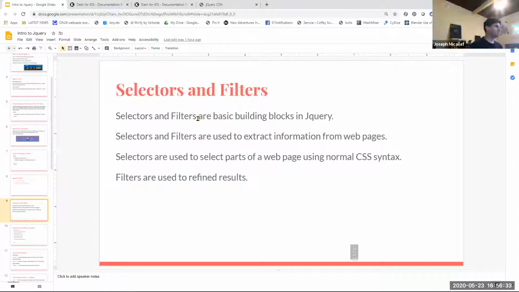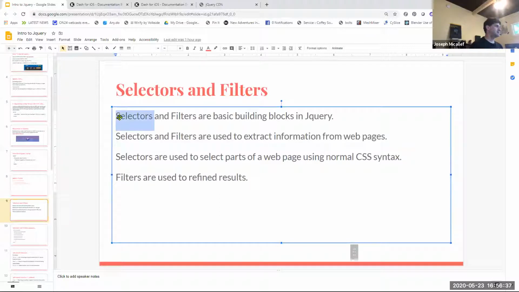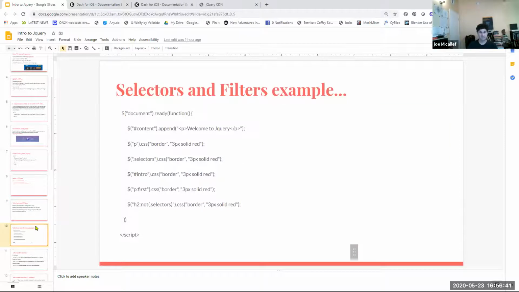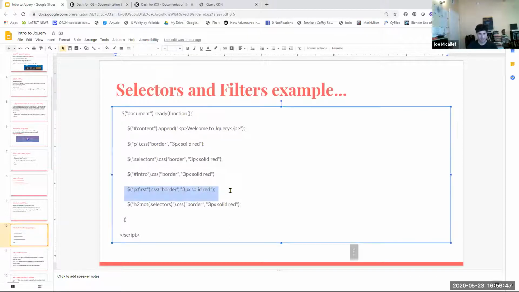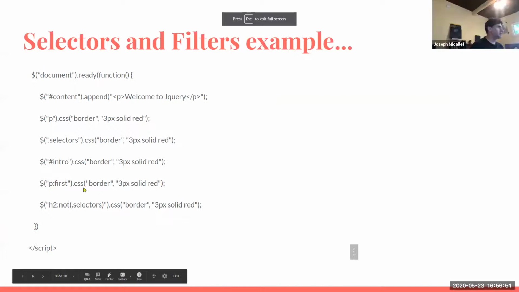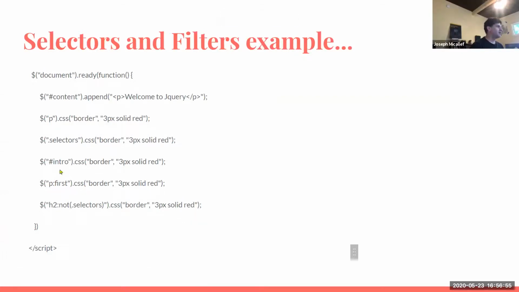So when you see p:first, your p tag is the selector, and then your filters are looking for something more specific. This is just a repeat of the example that I showed you. P is your selector, and first is your filter.